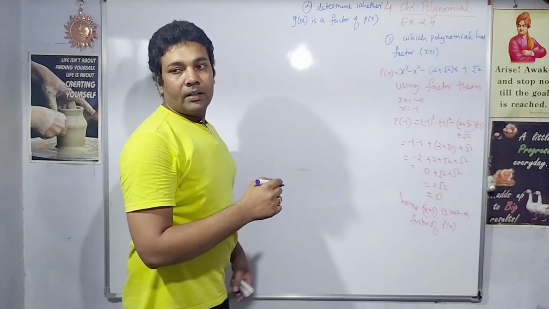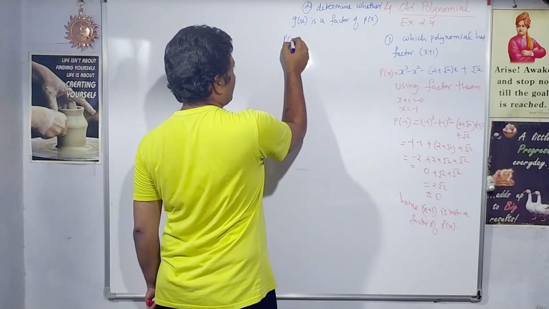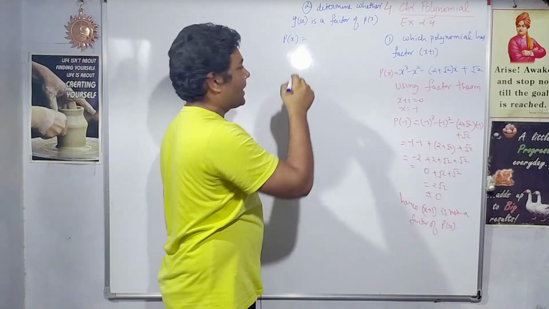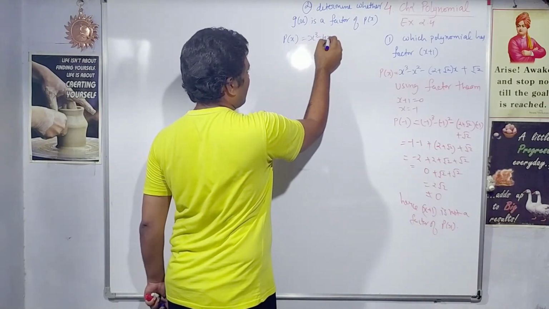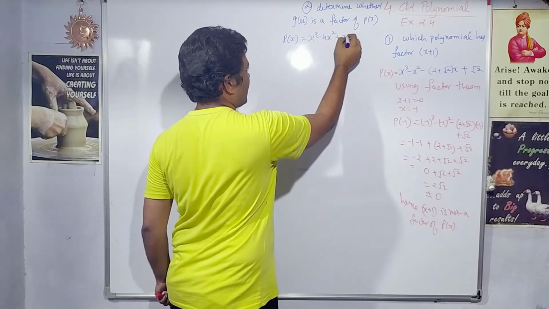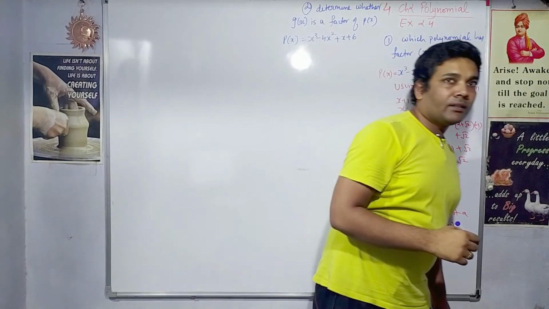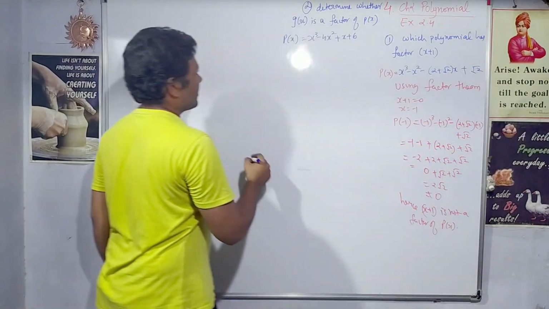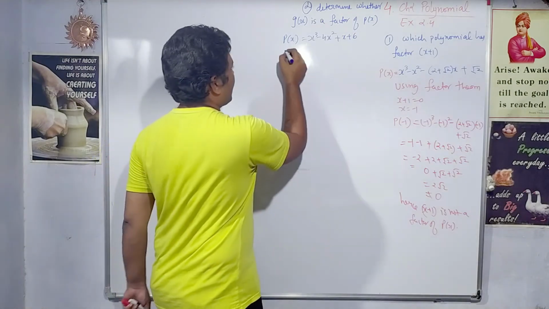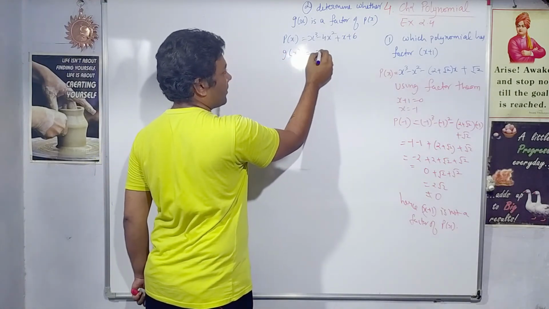We have been given that p of x is x cube minus 4x square plus x plus 6, and g of x is given as x minus 3.